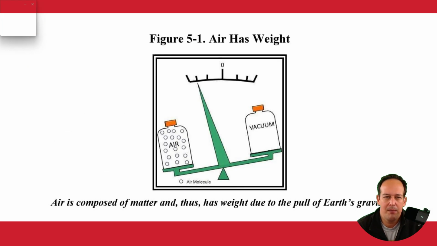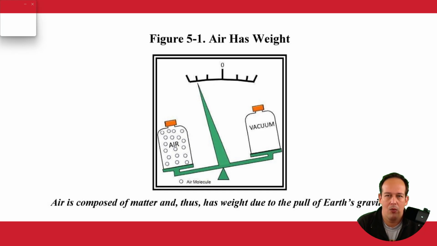You have to imagine there's a whole bunch of air in the atmosphere. It's very light, but because air is made up of elements that have mass and we have gravity, that air has weight. In this picture, we see a jar full of air and an evacuated jar, a vacuum, so it has no air in it. The jar with air is going to weigh more.